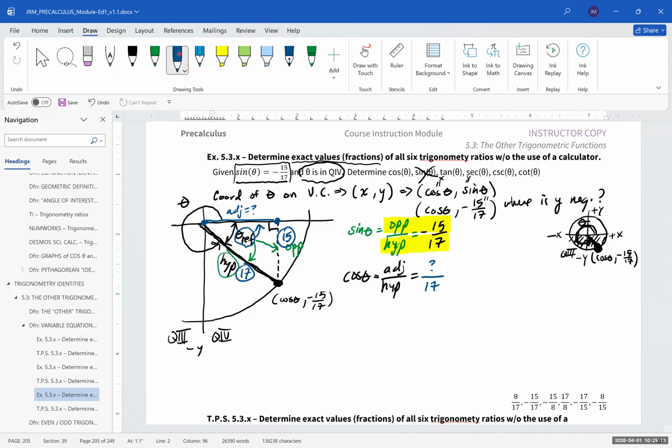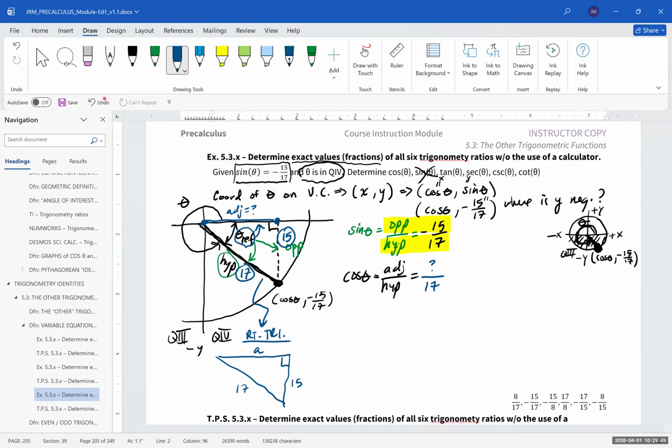What we need is this adjacent side. Well, what we have here is a right triangle. So let me take this right triangle and draw it down here. Let me do that a little bit better. So here's our right triangle. I'll try and draw it in the same orientation. So we've got 17, 15, and this side is unknown.